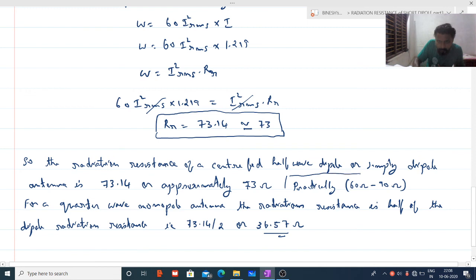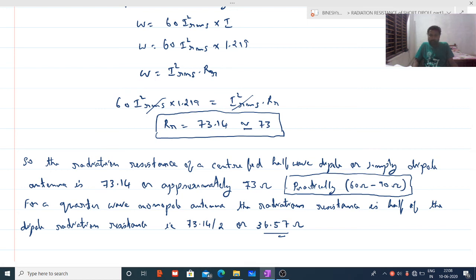So just keep it in a box. This is important. For any practical application, the radiation resistance of a half-wave dipole antenna will be between 60 to 90 ohm. Generally, it will be 73 ohm. Whereas in case of a monopole antenna, it is half of that, which is nothing but 36.57.